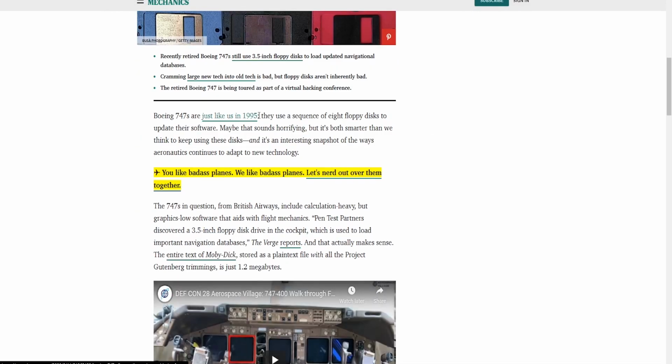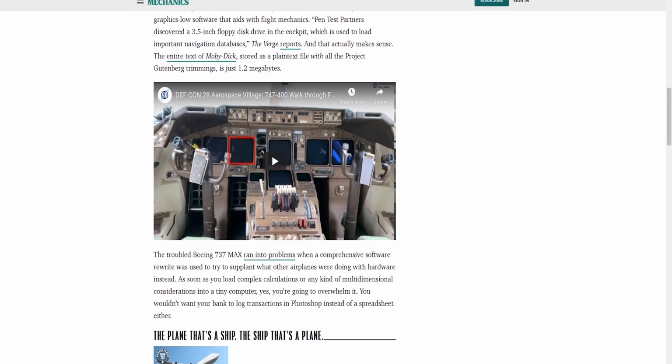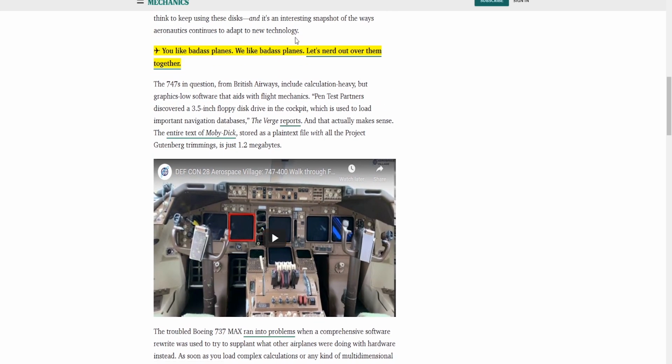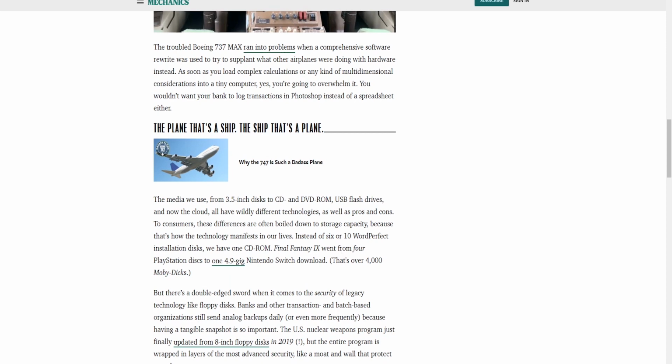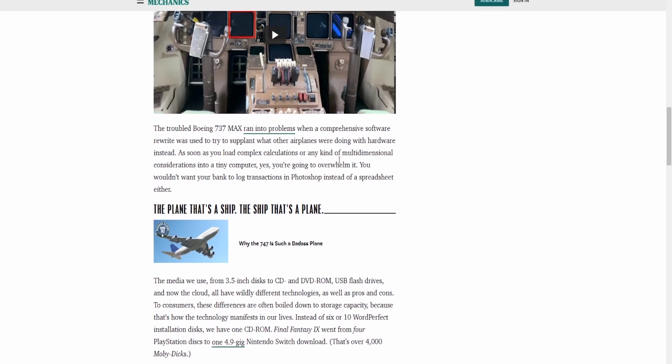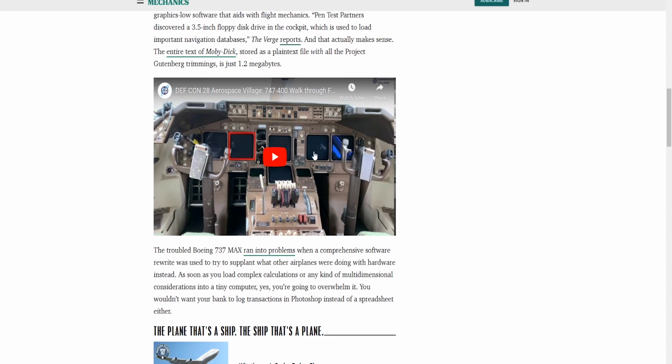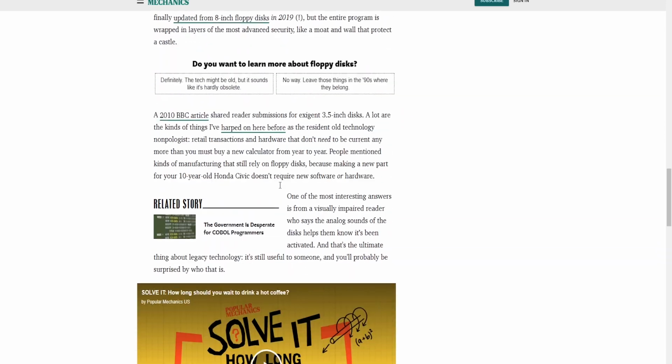Just like us in 1995, they use a sequence of 8 floppy disks to update their software. Maybe that sounds horrifying, but it's both smarter than we think to keep using these disks, and it's an interesting snapshot of the ways aeronautics continues to adapt to new technologies. I think it's one of those where it's like, hey, these fly safely using floppy disks, but we don't want to use iPads.